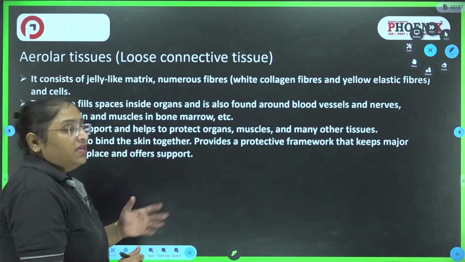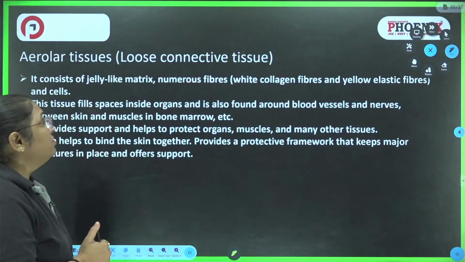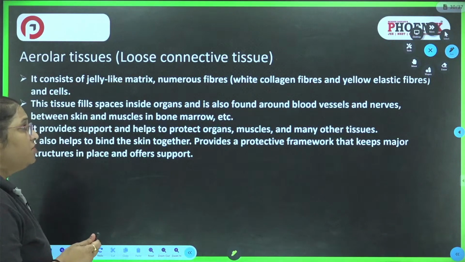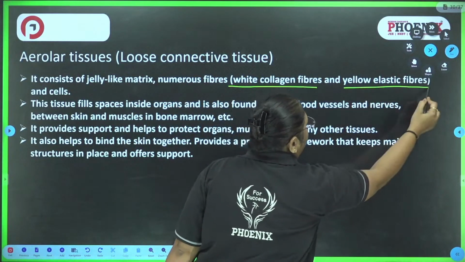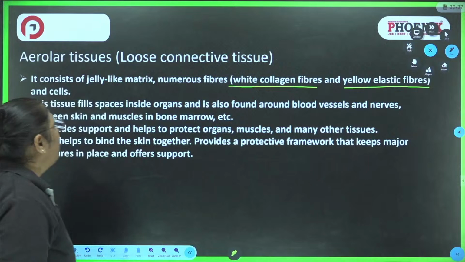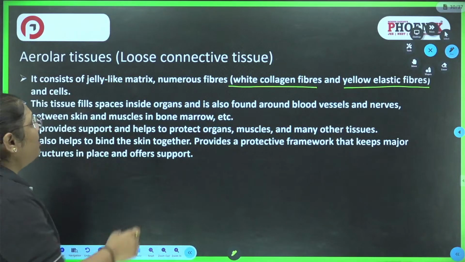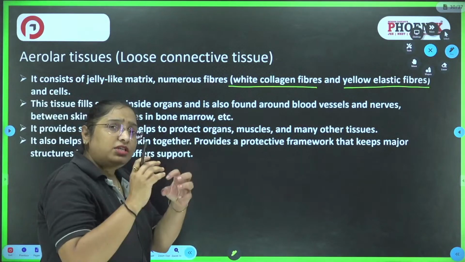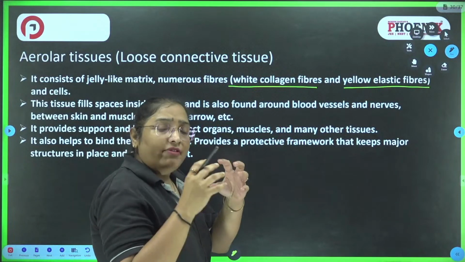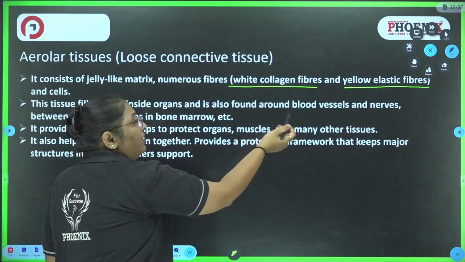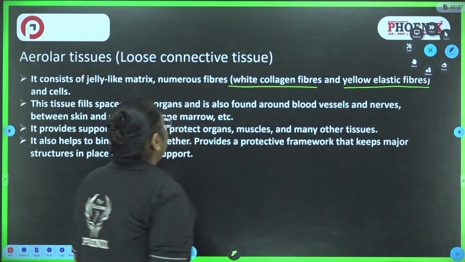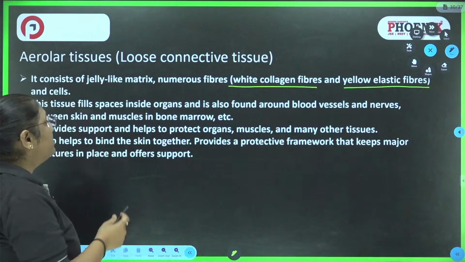Next tissue is areolar tissue. It is also the loose connective tissue. It is made up of white collagen fiber and yellow elastic fiber. This tissue fills the space inside the organ. Wherever hollow spaces are present, this kind of tissue is present. It is found around the blood vessels and nerves, between the skin and muscles.